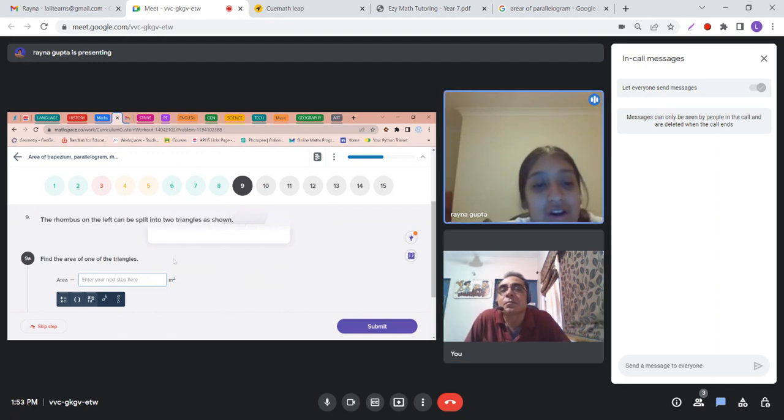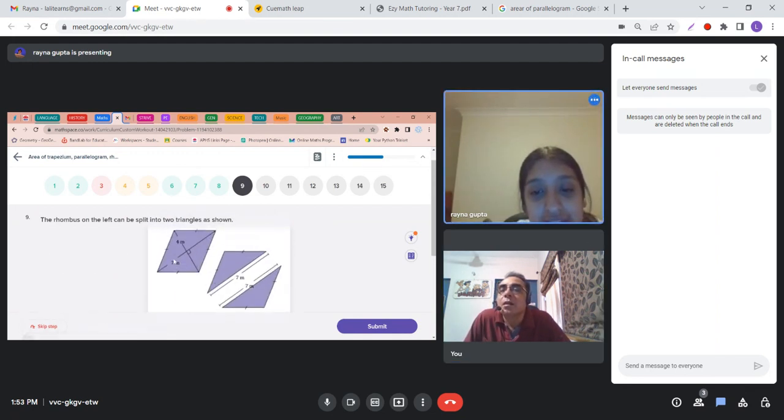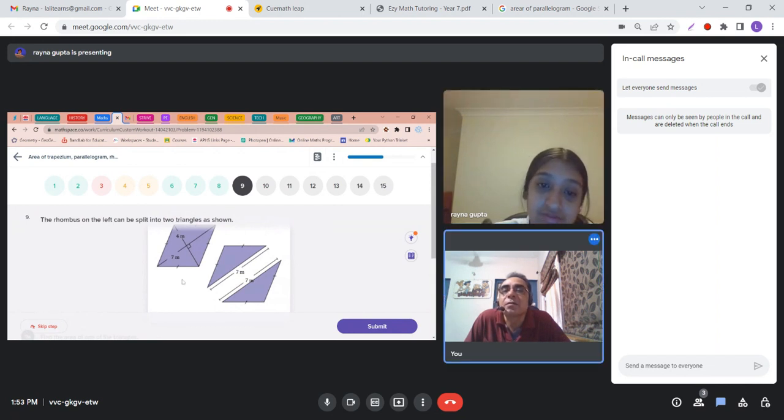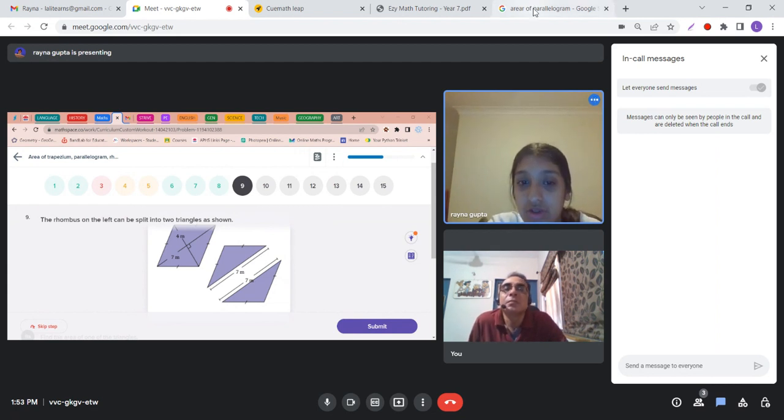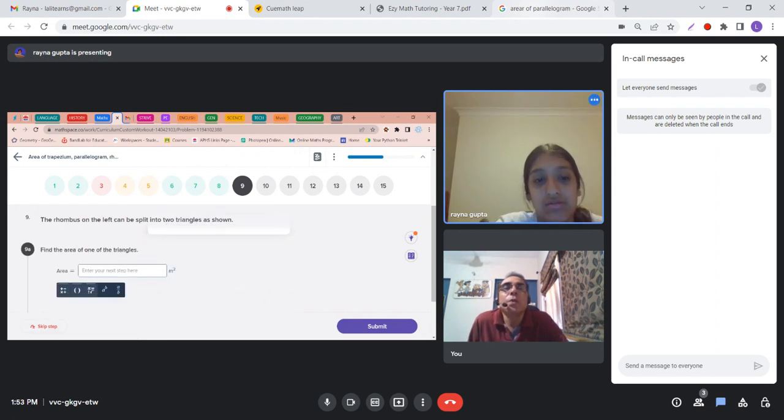Find the area of one of the triangles. The rhombus on the left can be split into two triangles. Find the area of the triangle. Now it's an isosceles triangle, so the base is 7. 0.5 times 4, and 4 is a complete diagonal, or is it half? 0.5 times 2 times 7 equals 7.